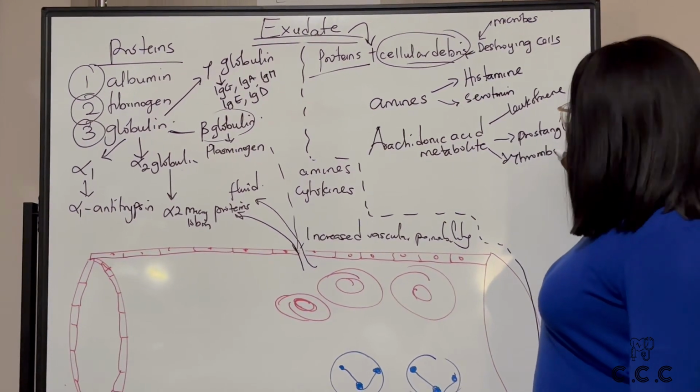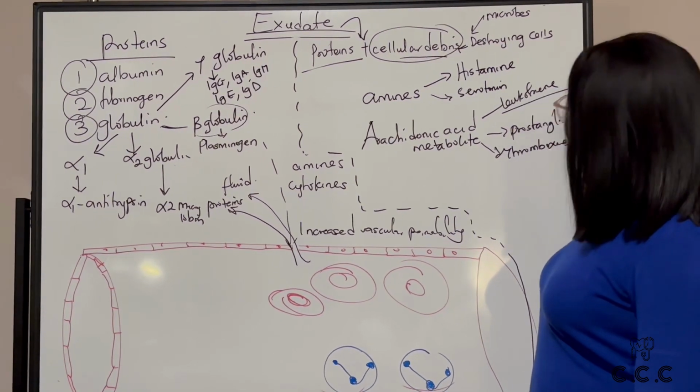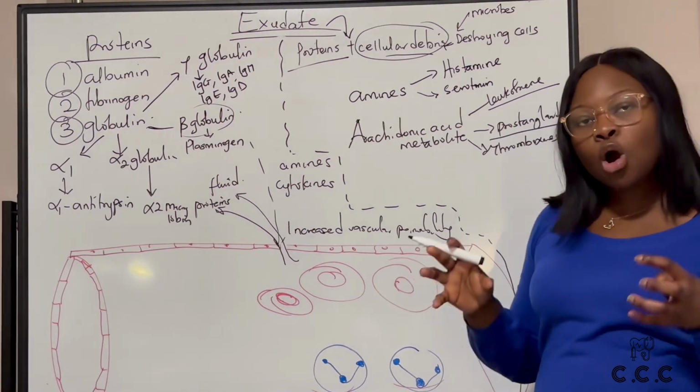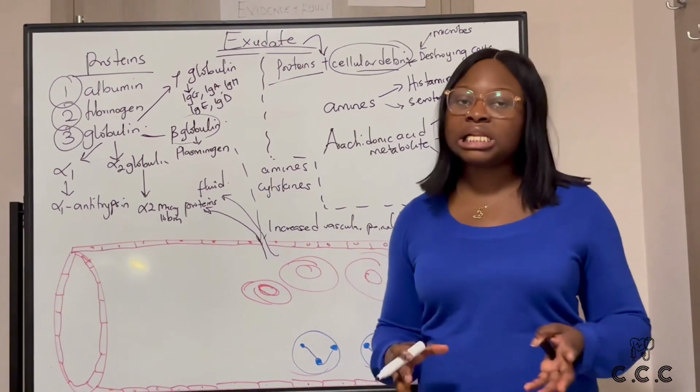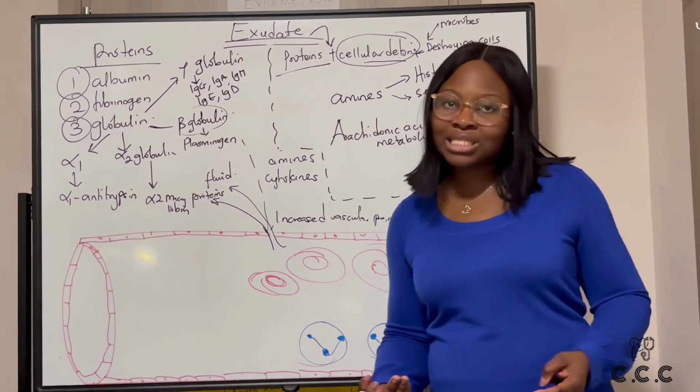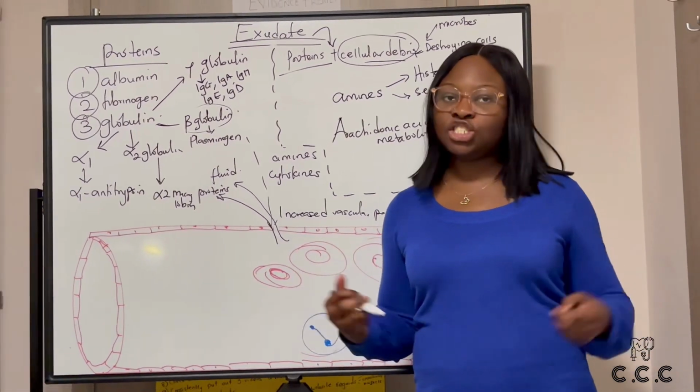Mostly our leukotrienes and prostaglandins will be keenly involved in causing increased vascular permeability and also vasodilation, thereby enabling the process of inflammation.